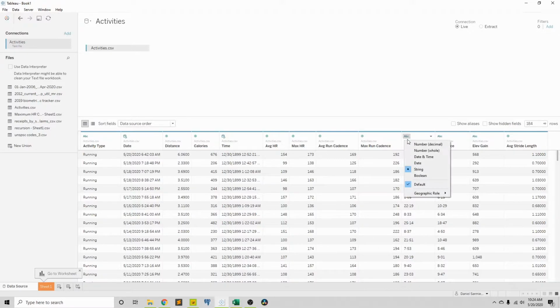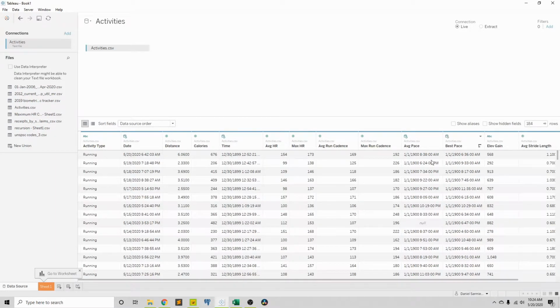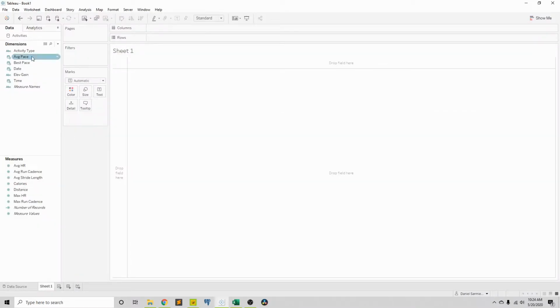I want to change these into date time strings so that I can use this as a pace. And if you see date time, if it doesn't have a date along with it, it's just going to default to 1/1/1900, and I'll show you how to fix that right now.